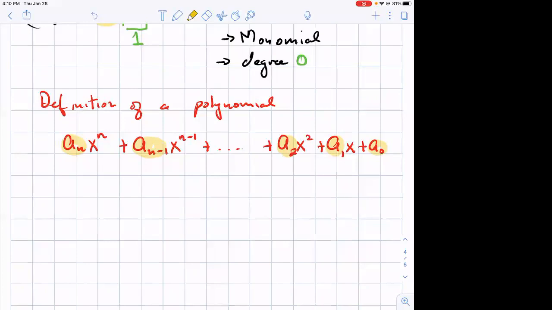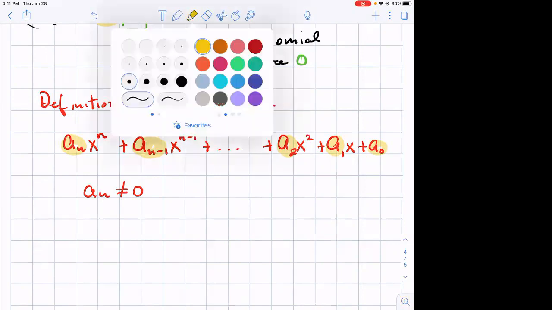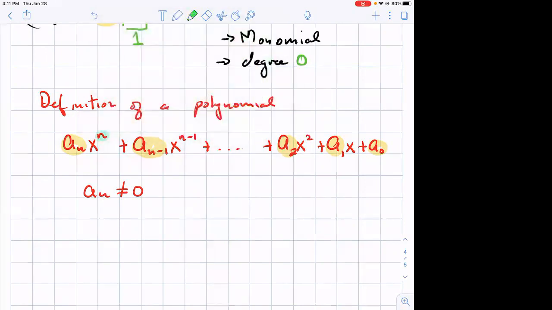So something to note is that a_n cannot be equal to 0. Any one of those a_n terms shouldn't be 0. Or it can be 0, but we wouldn't write the term. Okay? And the degree of the polynomial, n minus 1, going all the way up to 2, followed by a 1, and followed by a 0.